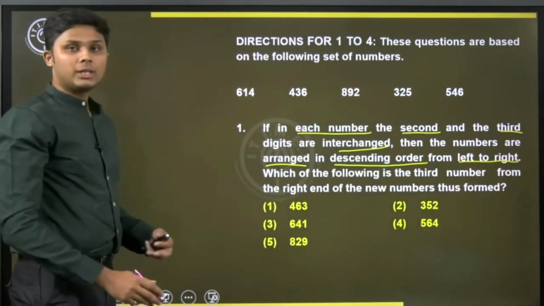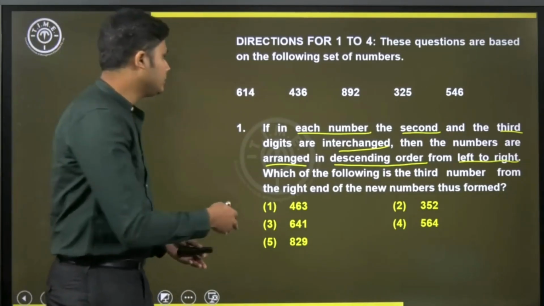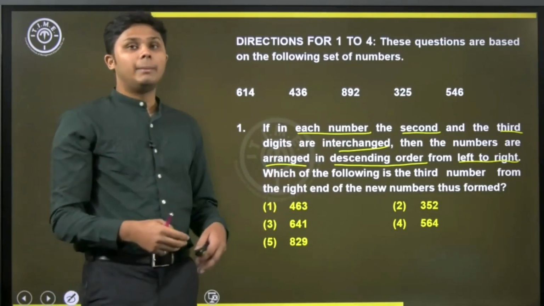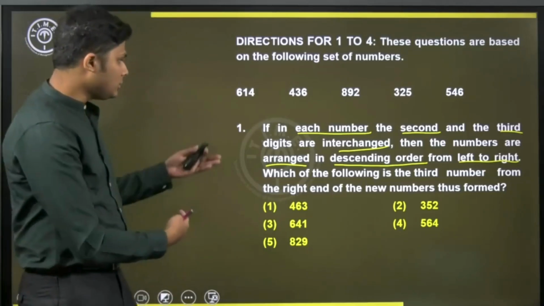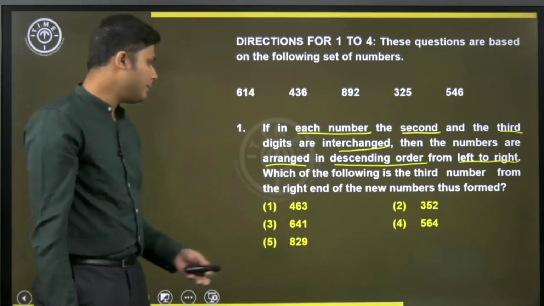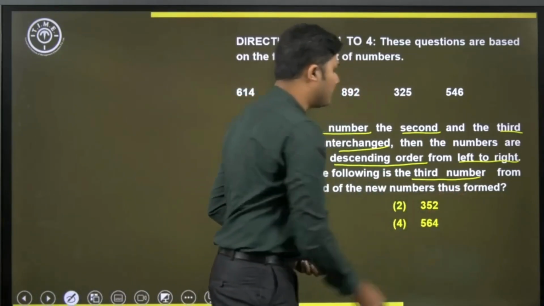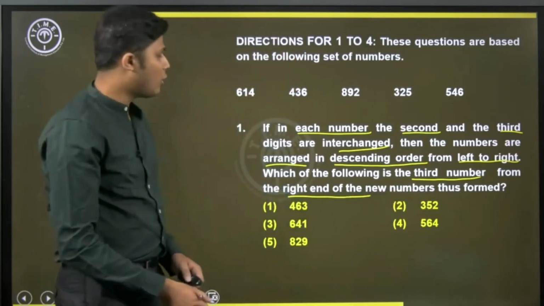A lot of students try to apply the given condition to all the numbers, which would make them spend more time solving the question. Instead of that, try to read the question completely. Which of the following is the third number from the right end of the new number thus formed?